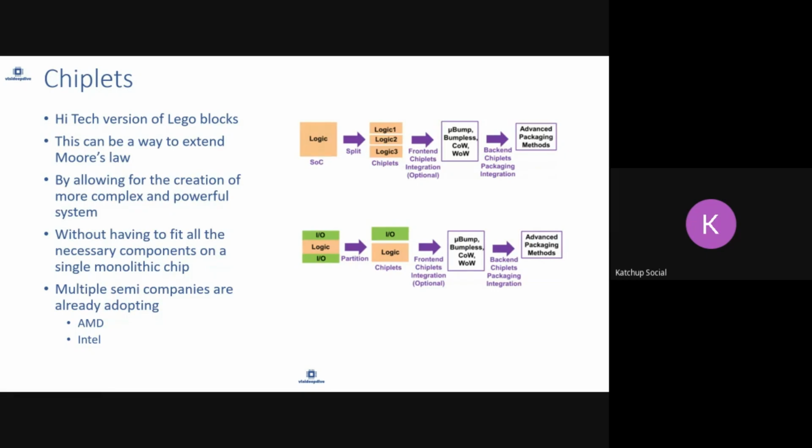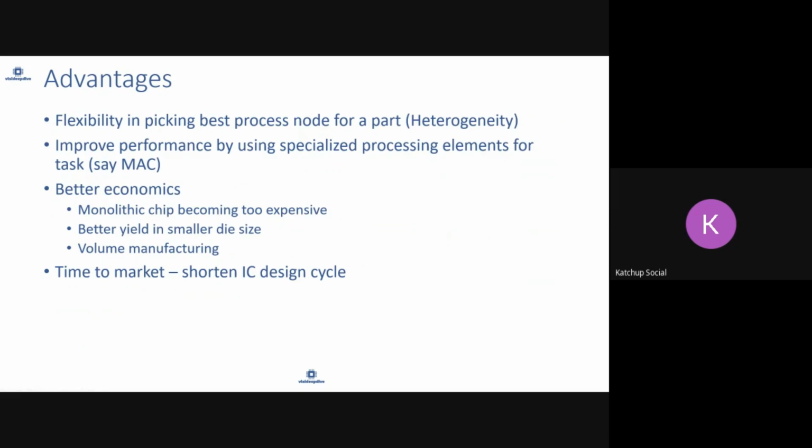Multiple semiconductor companies are already adopting this, AMD, Intel, Apple, a structured chiplet-based design, where you can take an SoC as a system, break it down into smaller logic blocks, or separate it out by functionality like IO and logic, create chiplets, and at the back end package them together using some kind of substrate to enable a high performance design, rather than monolithic.